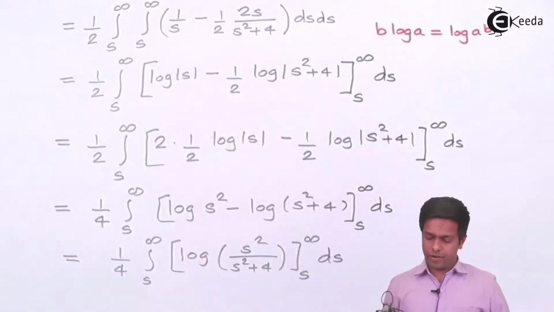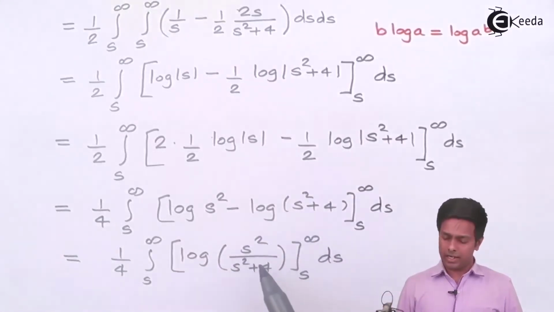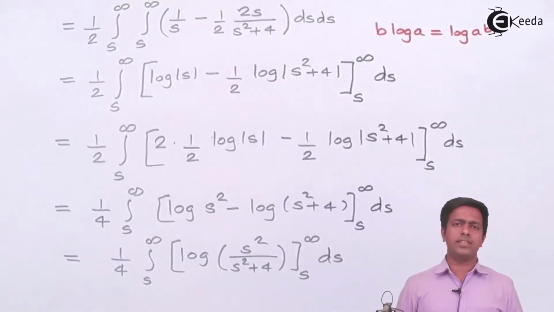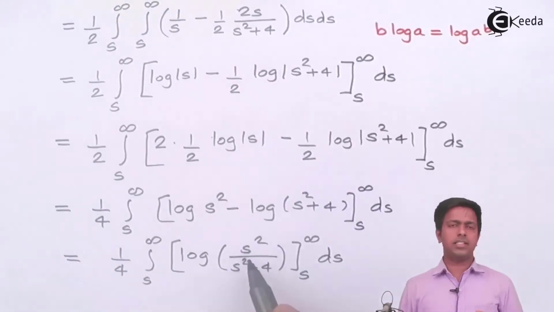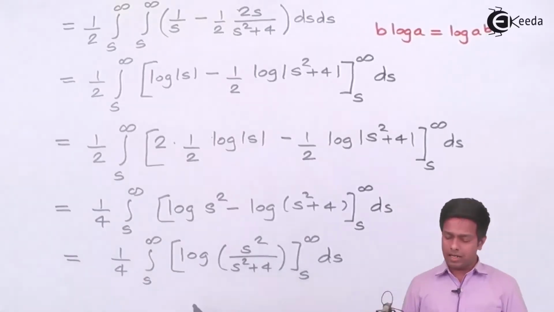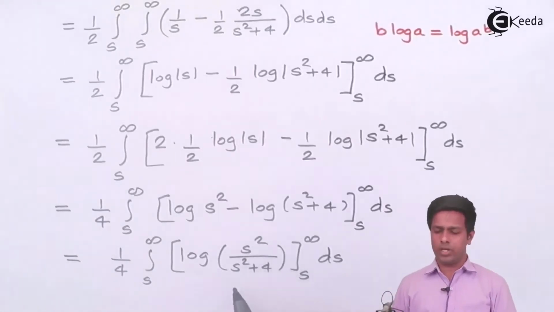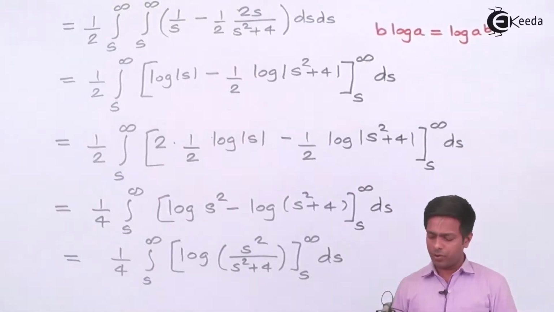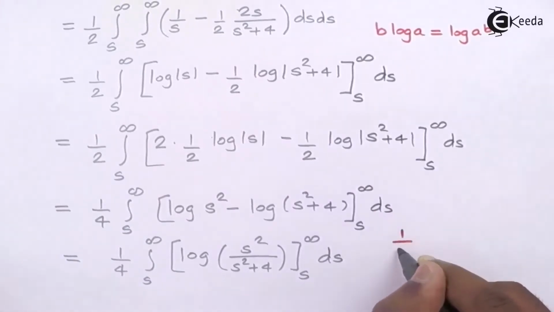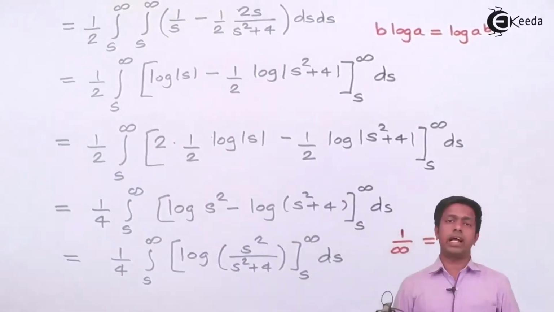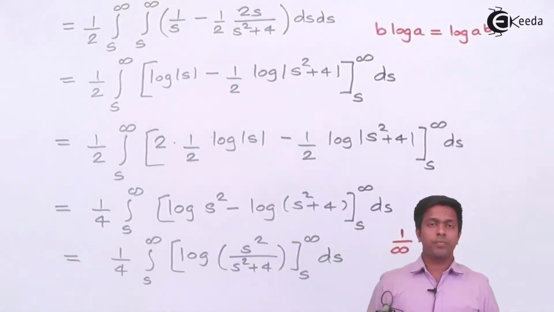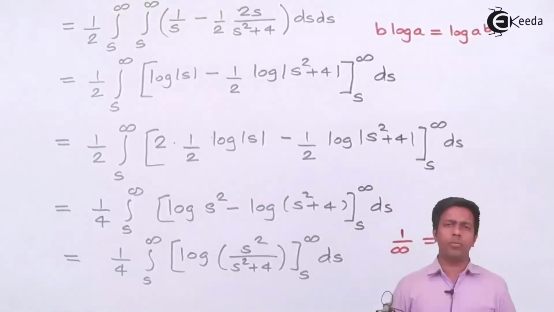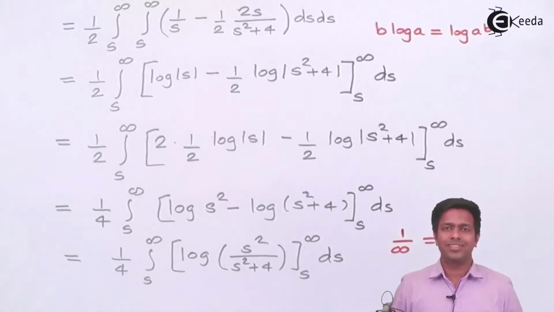Now to evaluate this, if I put infinity directly, then here I'll get infinity by infinity indeterminate form, and since I want the finite answer, what I'll do is I'll adjust this s, and for that reason I'll bring that s in the denominator, so that when I put infinity and when infinity goes in the denominator, we know that any finite number upon infinity is 0, so we can get answer as 0. So for that, let's divide numerator and denominator by s square.